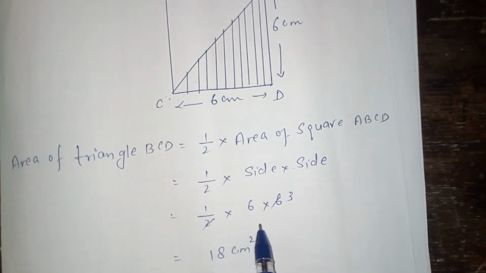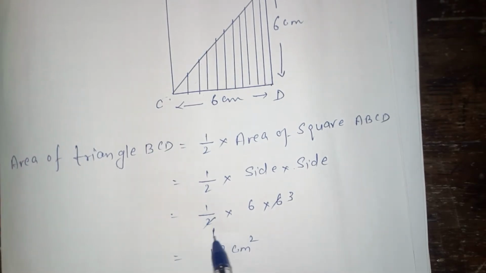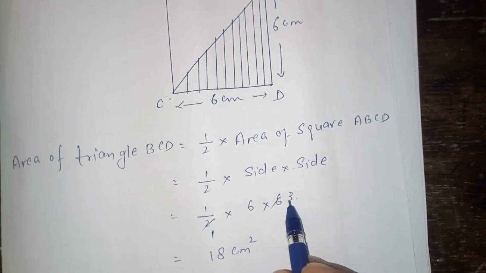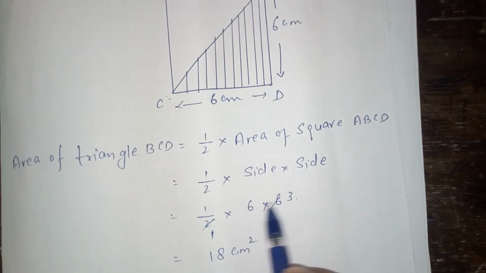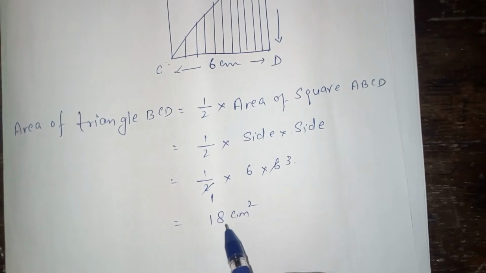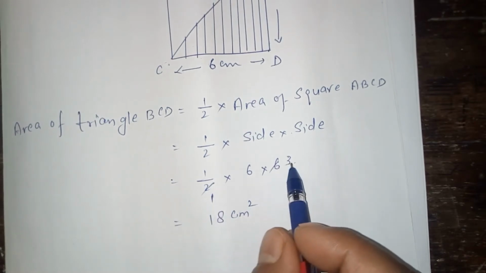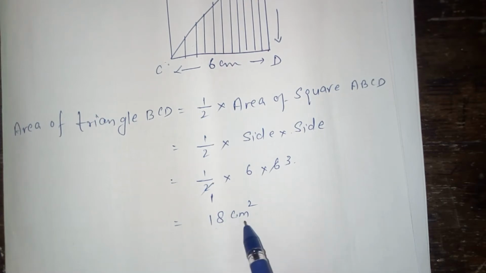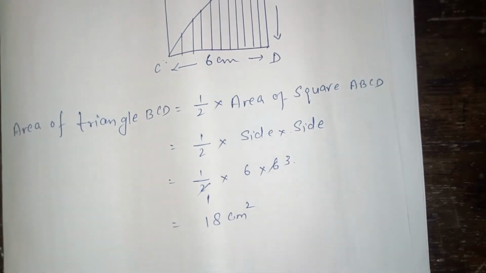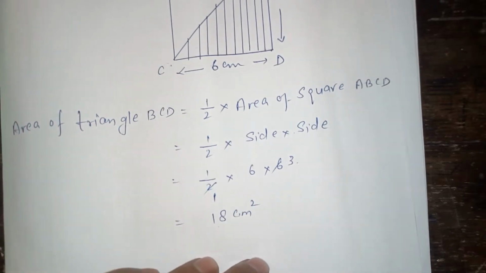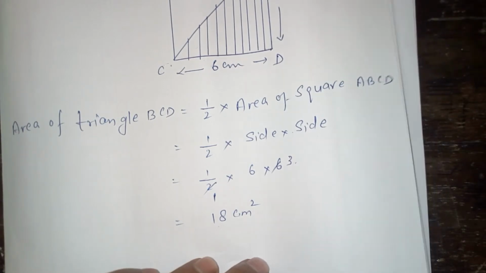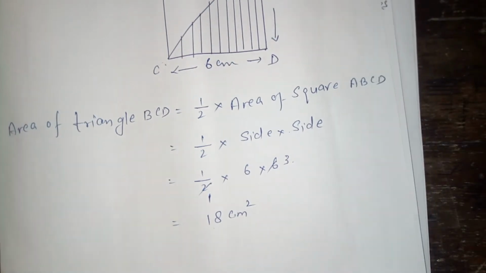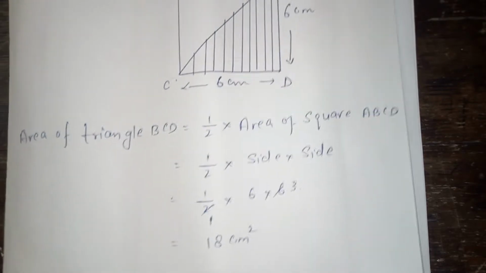After cancellation, 2 ones are 2, 2 threes are 6, and 6 threes are 18. 18 square centimeter is the area of triangle BCD. So by this method we can find the area of a triangle.